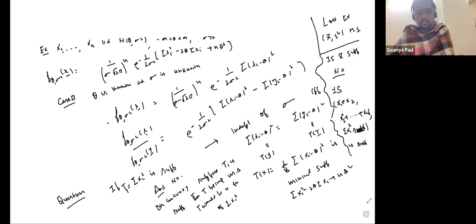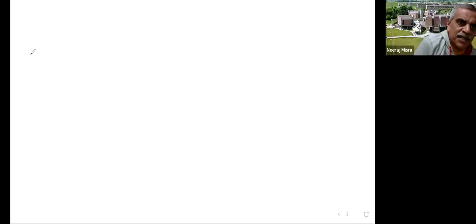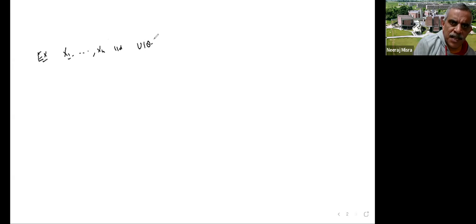Yes, sir. Okay. Now let me move to another example. Suppose X1, X2, to Xn are IID uniform theta minus 1 to theta plus 1, where theta is between minus infinity and infinity. So what is my f theta x?